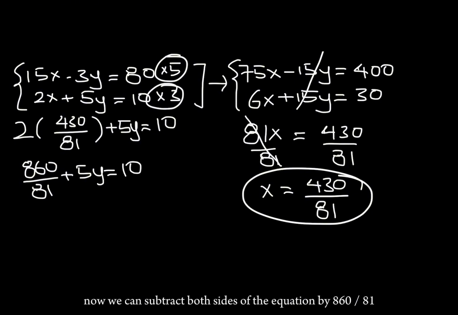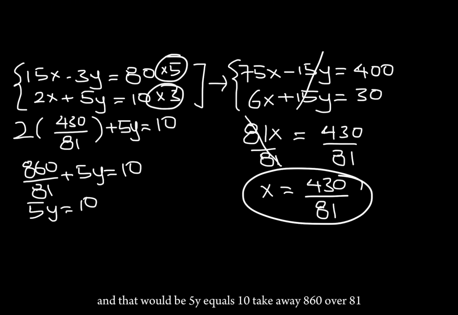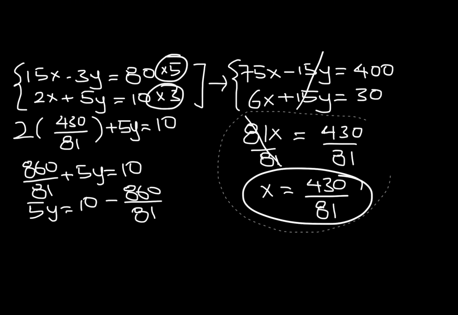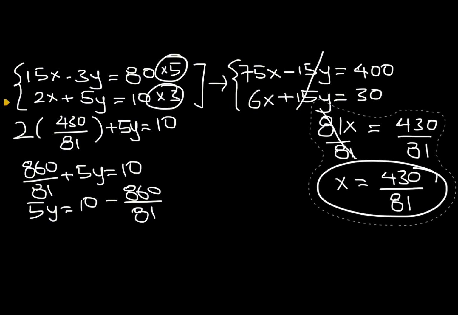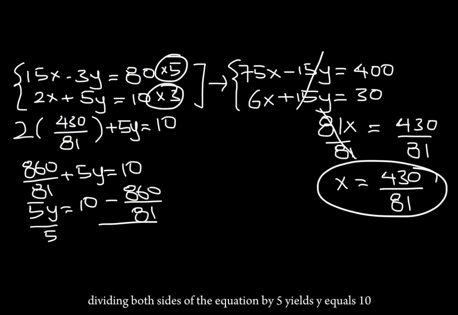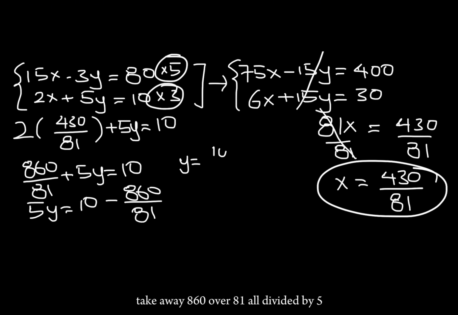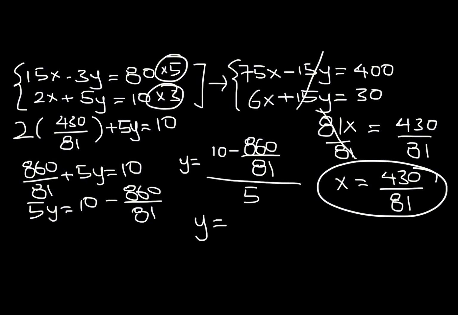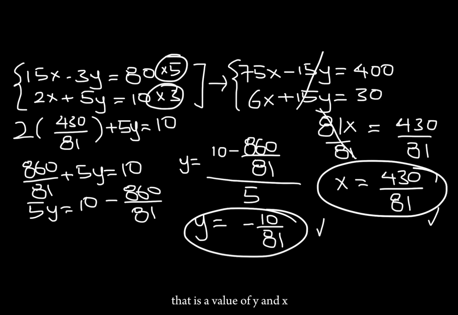Now we can subtract 860 over 81 from both sides of the equation, and that would be 5y equals 10 take away 860 over 81. Dividing both sides of the equation by 5 yields y equals 10 take away 860 over 81, all divided by 5, which is negative 10 over 81. That is the value of y and x.